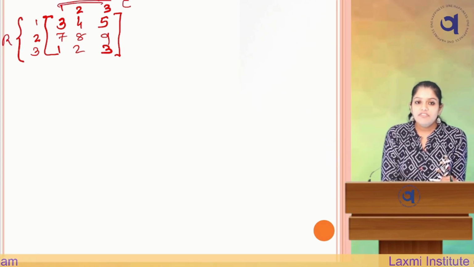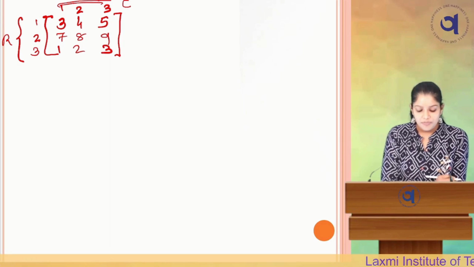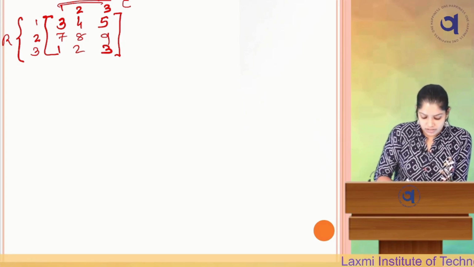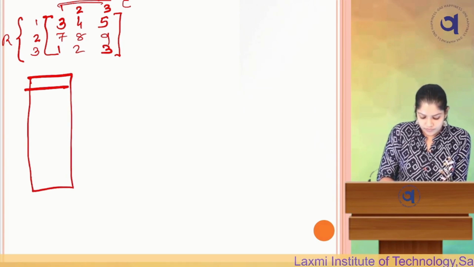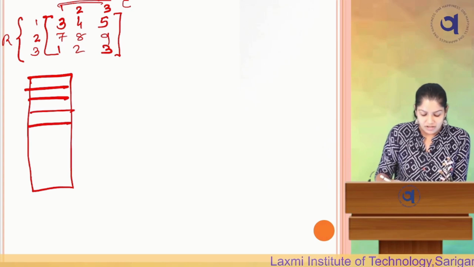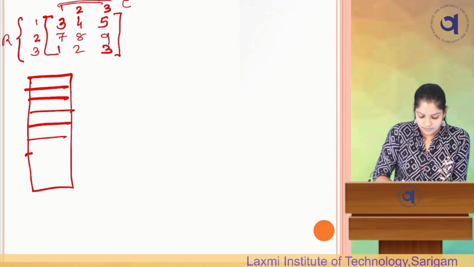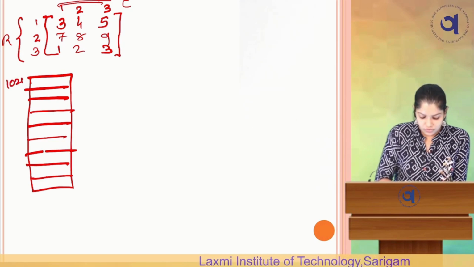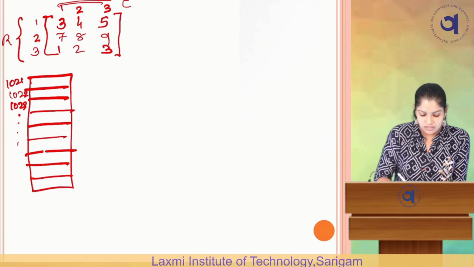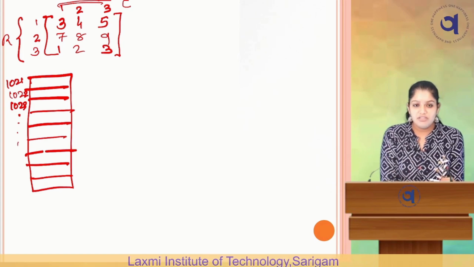If I have memory locations over here, I can have multiple memory locations; let us say it starts from 1021, 1022, 1023, and we have consecutive memory locations.